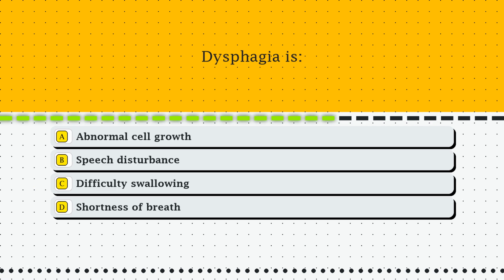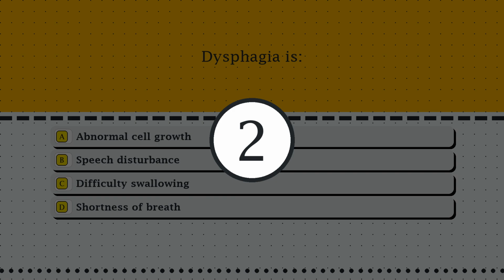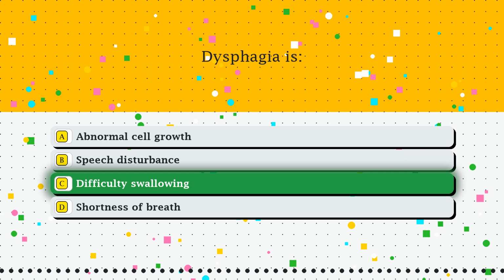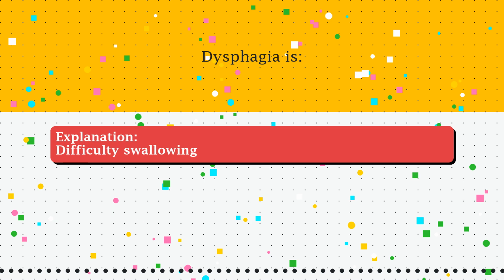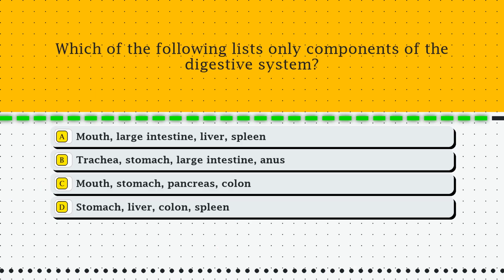Dysphagia is option A, abnormal cell growth, option B, speech disturbance, option C, difficulty swallowing, option D, shortness of breath. The correct answer is option C, difficulty swallowing. Question 161. Which of the following lists only components of the digestive system?